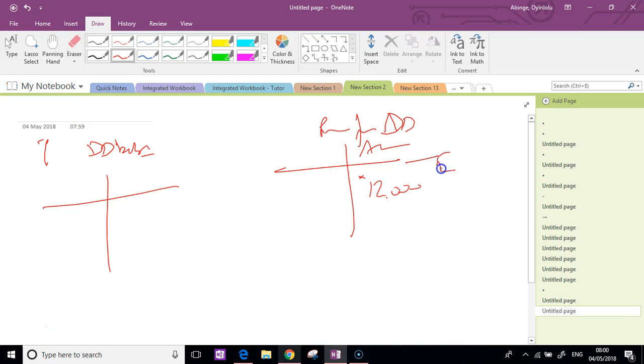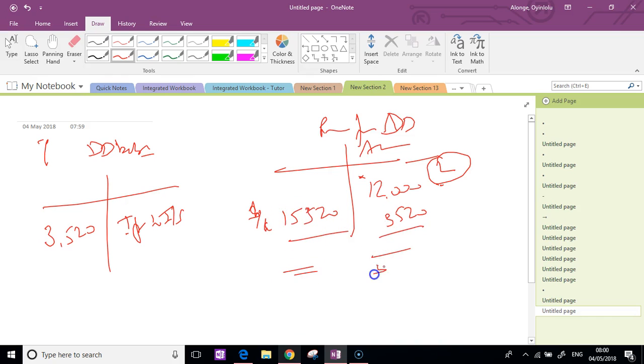The key point is, this is the liability and you have 12,000 on the credit side. So all I put through my income statement is just the difference of 3,520. This goes to my income statement as an expense. Transfer to my income statement as an expense, right? And then therefore my carried down balance is now 15,520. That comes down, brought down 15,520, right? And that's how we deal with this.